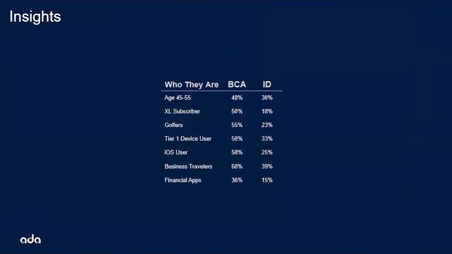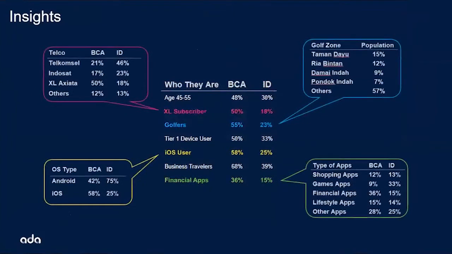Then next, we can even look closer at each individual characteristic and see the breakdown of it, which telco they go with, and the rest is on other telcos, and then whether they're Android or iOS users, or even the percentage of the population of it, where they go on a golf course, on frequent locations.